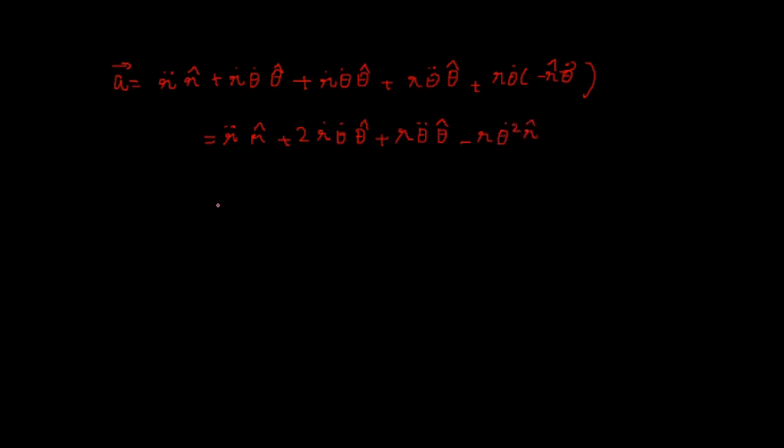So let me split the r cap and theta terms. These two will be together and these two will be together. So it will be r double dot minus r theta dot square into r cap, plus 2 r dot theta dot plus r theta double dot into theta cap, right?